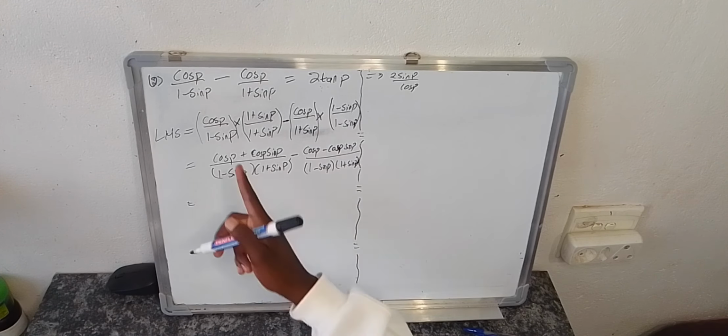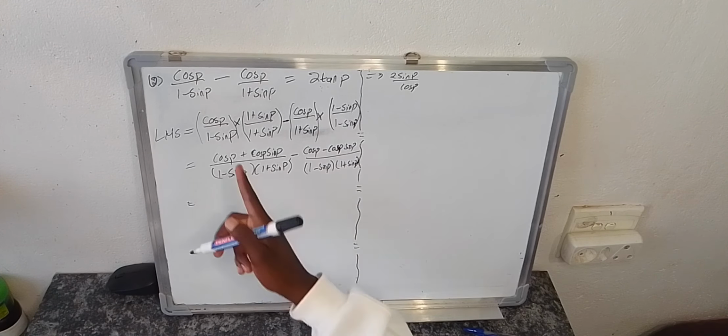So we're going to be left with cos p multiplied by sine p plus cos p multiplied by sine p. Then we're going to be left with 2 cos p sine p. Why? Cos p minus cos p is 0. Cos p multiplied by sine p plus cos p multiplied by sine p is 2 cos p sine p. You see? Then all divided by 1 minus sine p, 1 plus sine p.